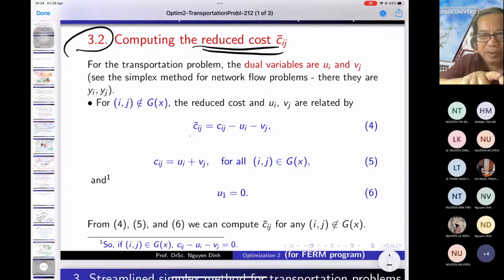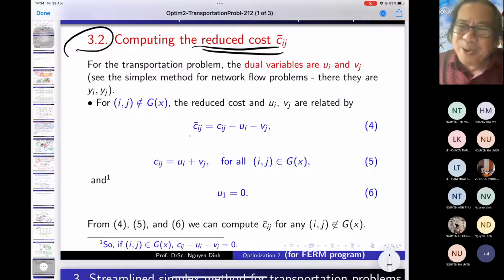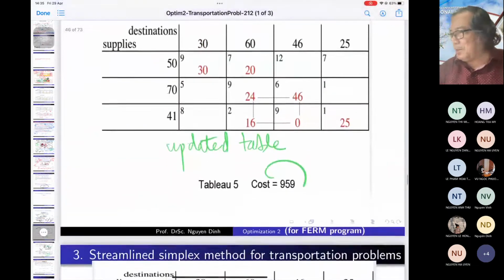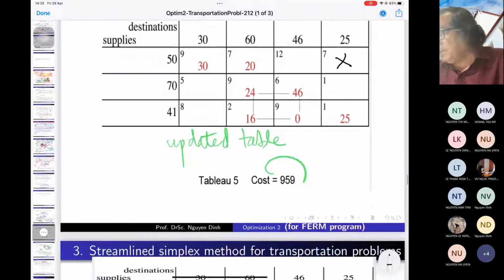How do you tell the computer to find the cycle here? How do you tell the computer that if you have something here, and you have the cycle like this one, and this one?